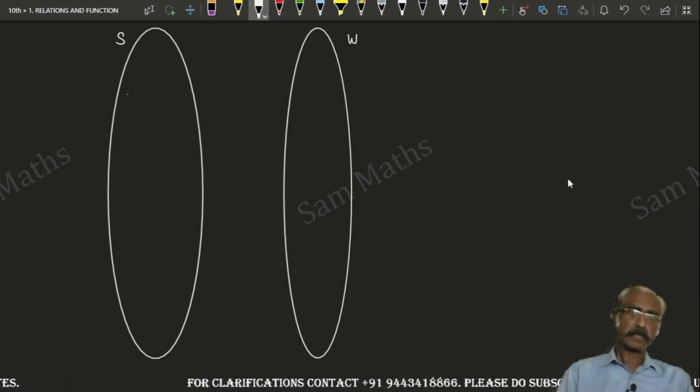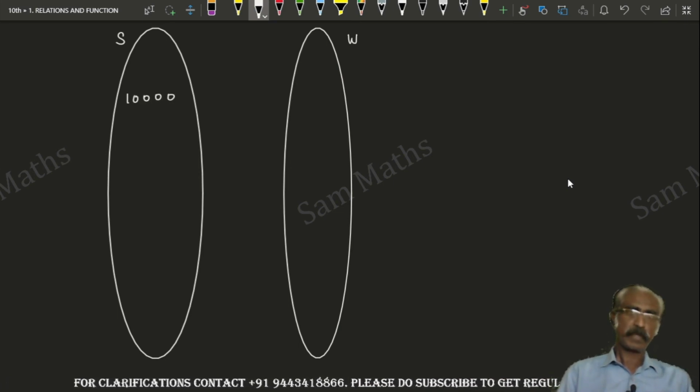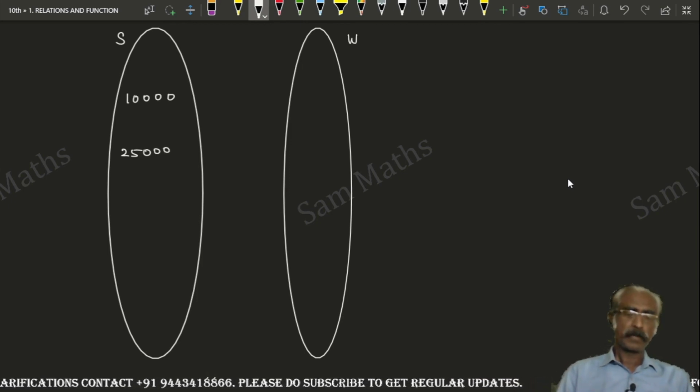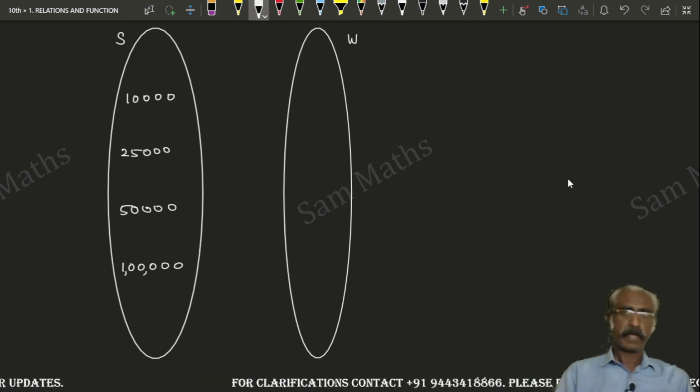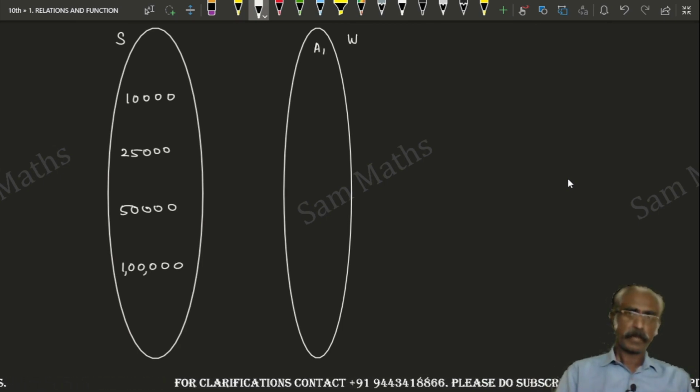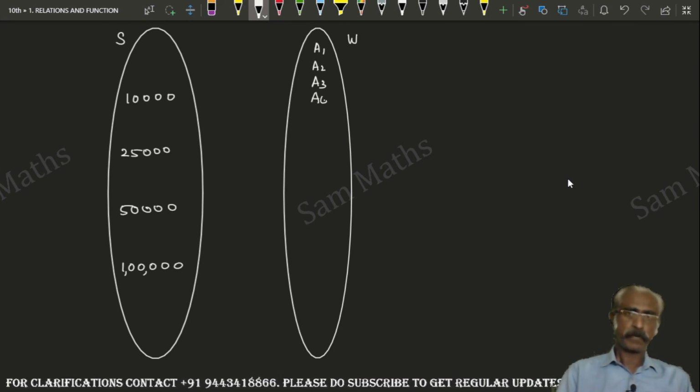Here the first salary is 10,000. Next is 25,000. Next is 50,000 for managers. Next is 1 lakh for executives. Now 5 assistants: A1, A2, A3, A4, A5.